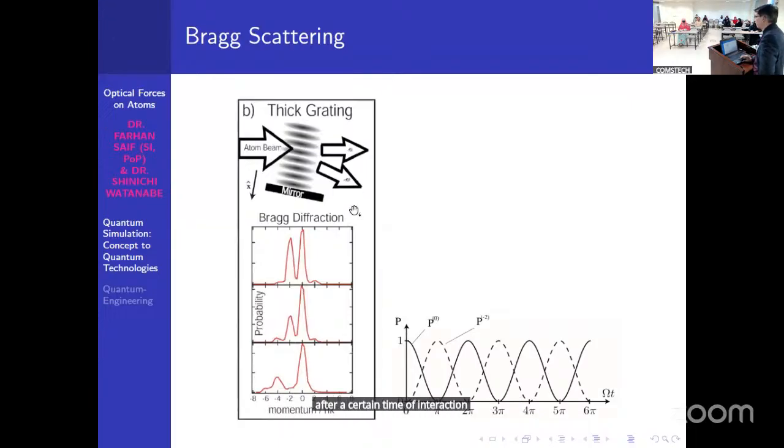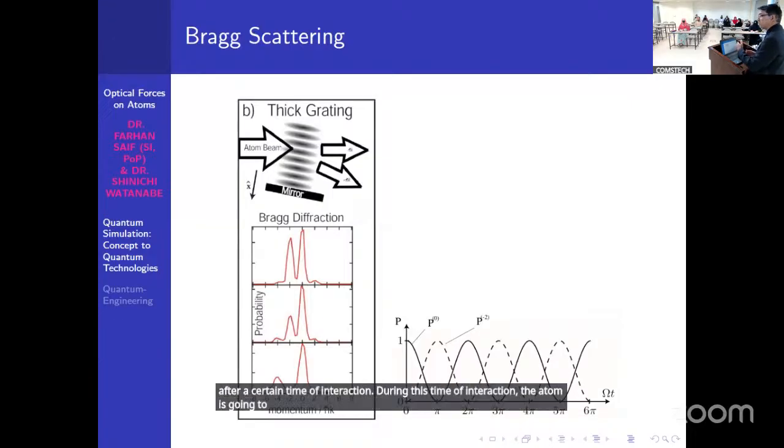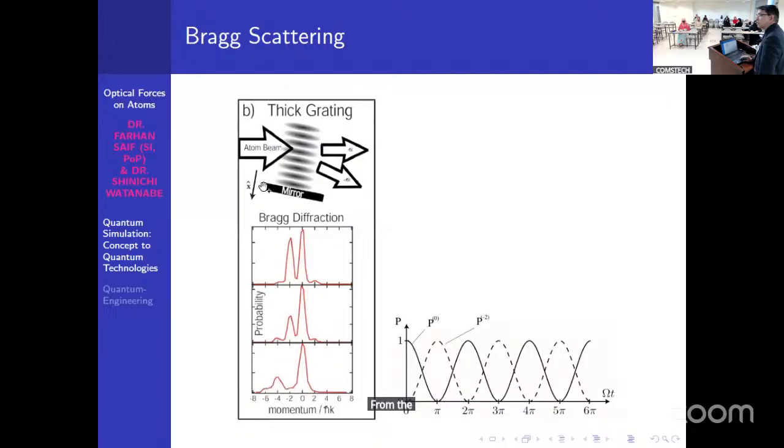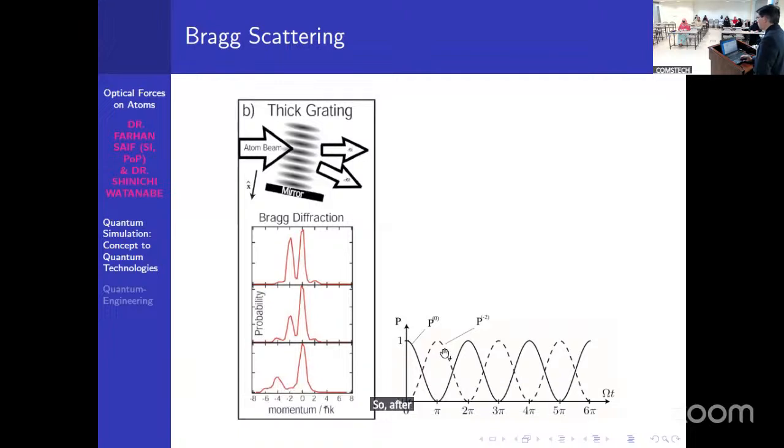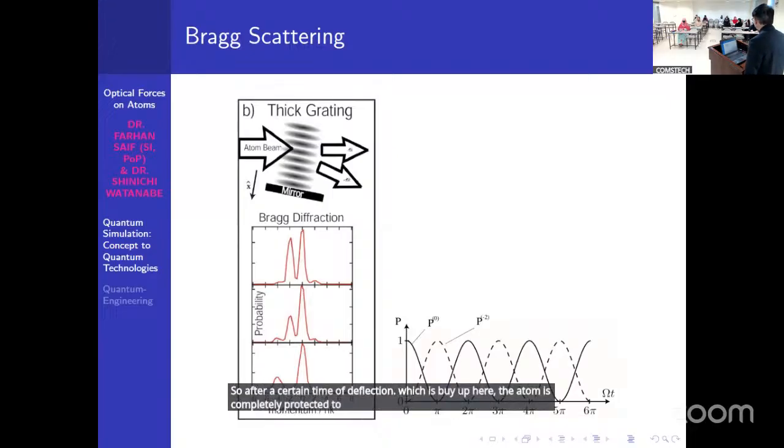During this time of interaction, the atom is going to perform a transition from the incident momentum state P naught to the deflected momentum state P1. So this can be seen in the plot, which is shown here. If the incident atom was having a momentum P0, after a certain time of deflection, which is pi up here, the atom is completely deflected to the diffraction P1.